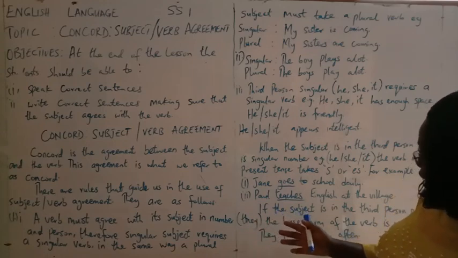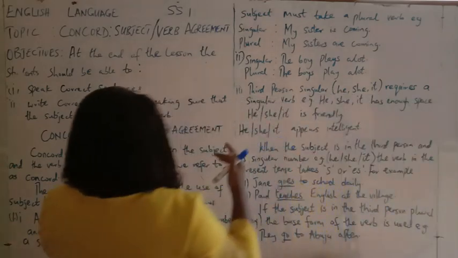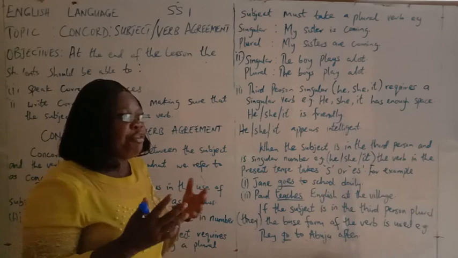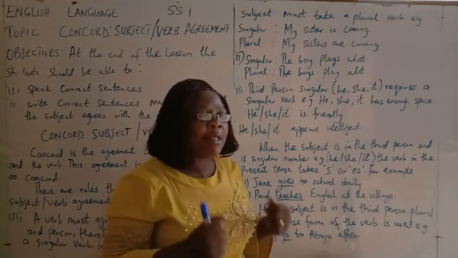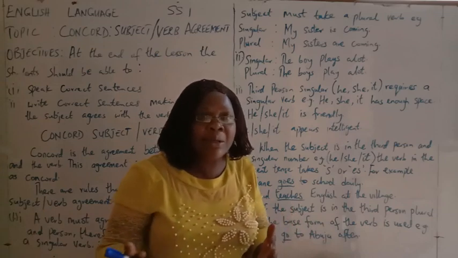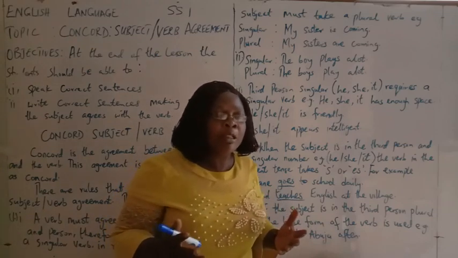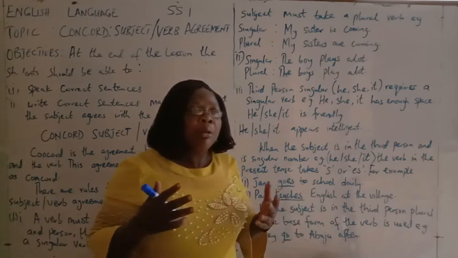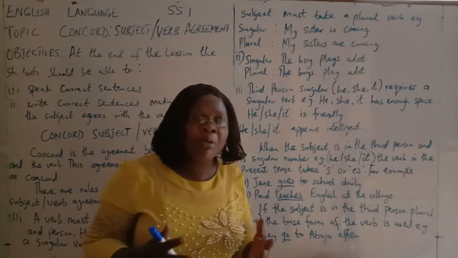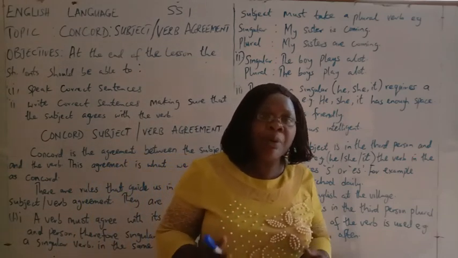In the same way, a plural subject must take a plural verb. What are we saying in essence? If you have before you a singular subject, you have to be careful enough to get the singular verb. Else, the sentence will be incorrect. When you have a plural subject, it has to go with what? A plural verb.